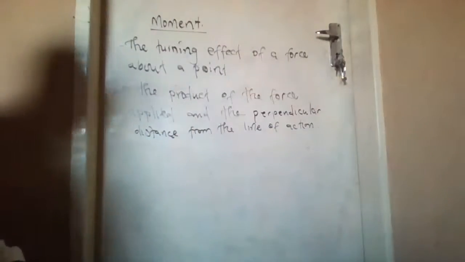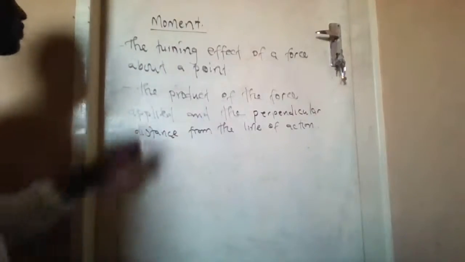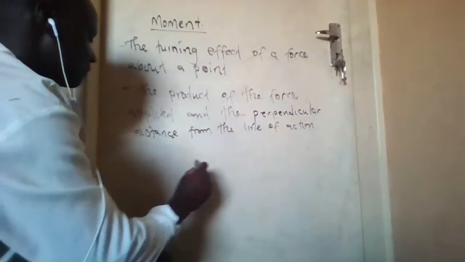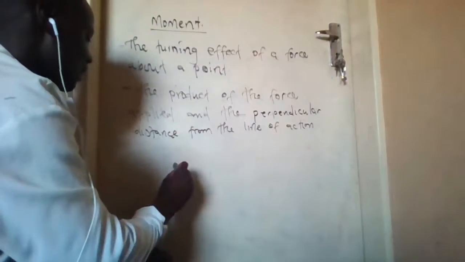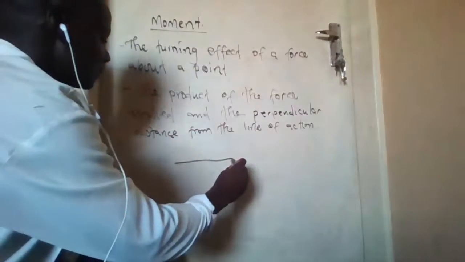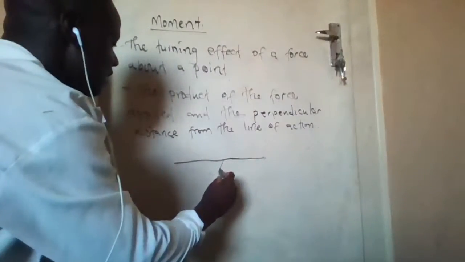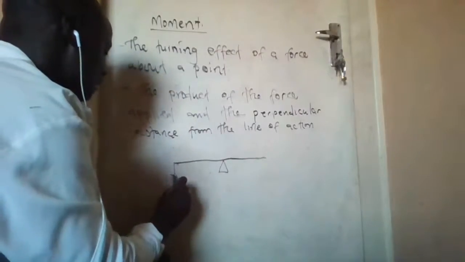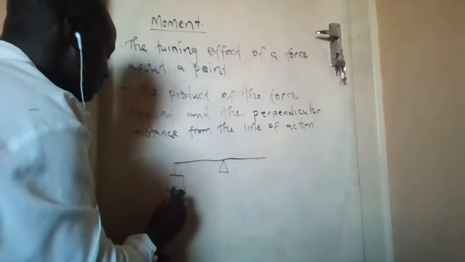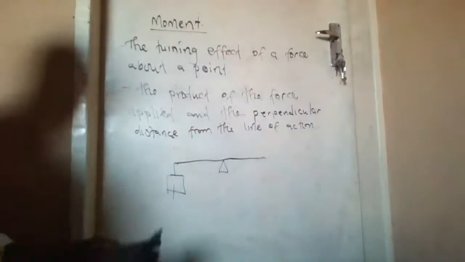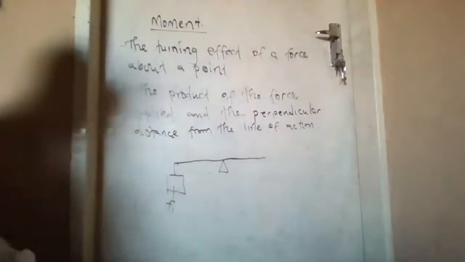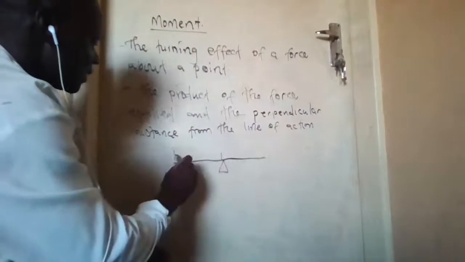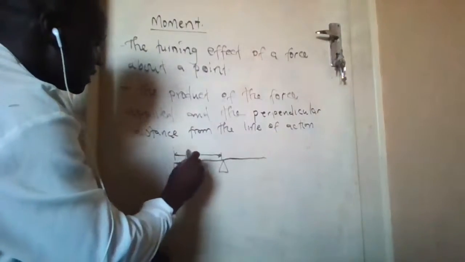So why have we defined the moment in a different way from this? What you're trying to see is this: if you have this object here, like the way I had indicated, and this is your pivot, if the force is applied here by hand in a downward direction, then the distance from here up to here is what we are calling the perpendicular distance.